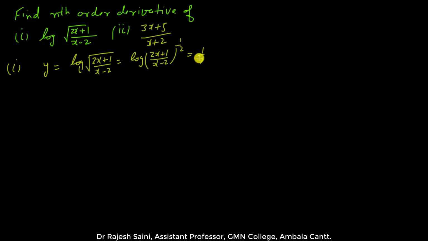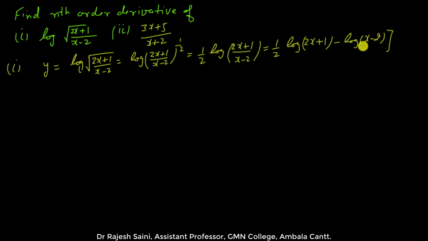So this will be 1 by 2 log of (2x plus 1) divided by (x minus 2). Further, using the property of log m by n, this will be 1 by 2 [log (2x plus 1) minus log (x minus 2)], close the square parenthesis.